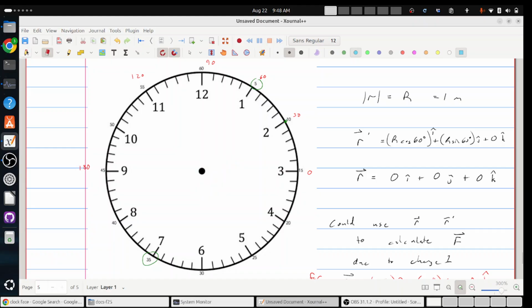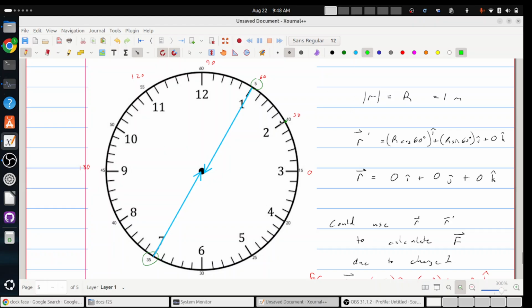Let me do this using full arrows. For charge 1, I go from the position 1 to here, and that defines my R vector. For Q7, it would go from this point to that point.